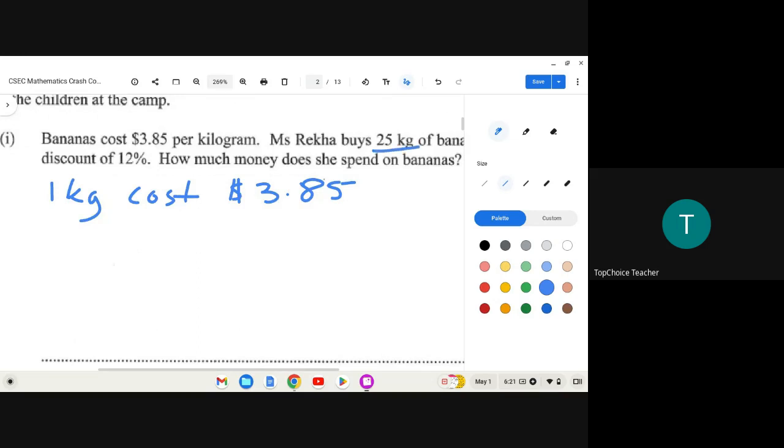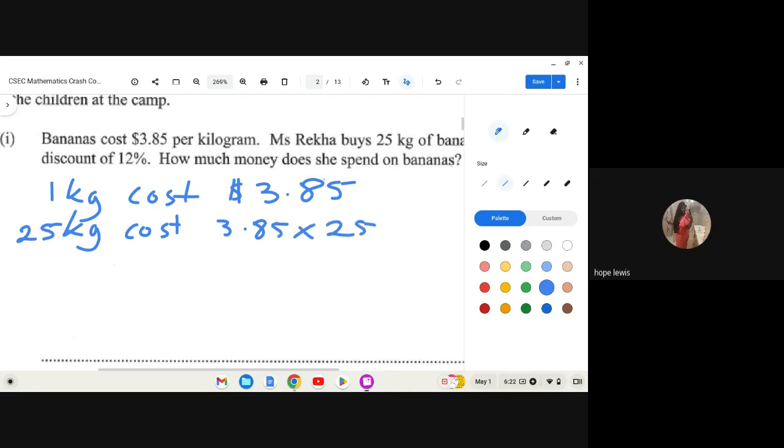She bought 25 kilograms. So how would we find out for 25 kilograms? Multiply. Very good. Because we know for 1, to find for 25, all you need to do is multiply 3.85 times 25.